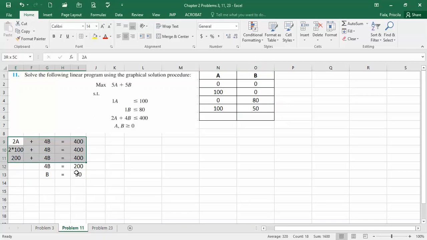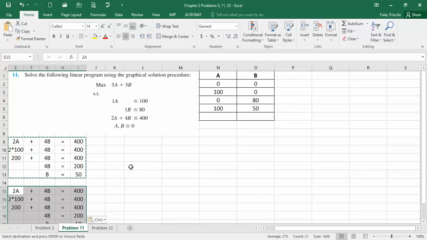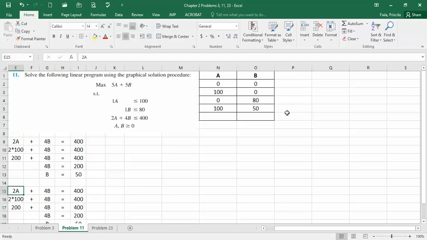Now we're going to do the same thing, however I'm going to use the value for B. So we have 2A plus 4B equals 400, and let's solve now for A. So 2A plus 4 times 80, I'm using this constraint right here, is equal to 400. So 2A plus 4 times 80, which is 320, is equal to 400.